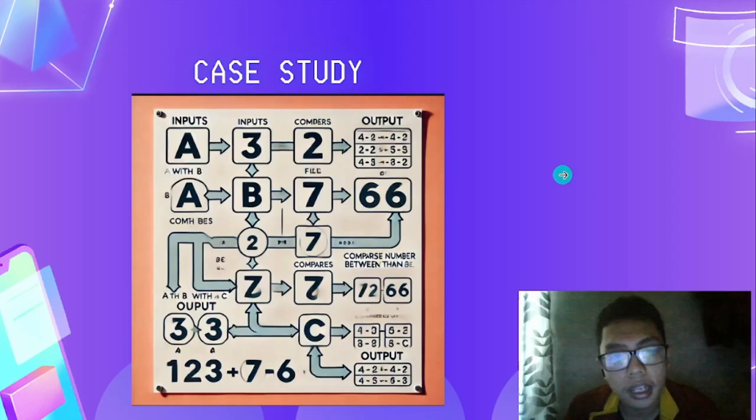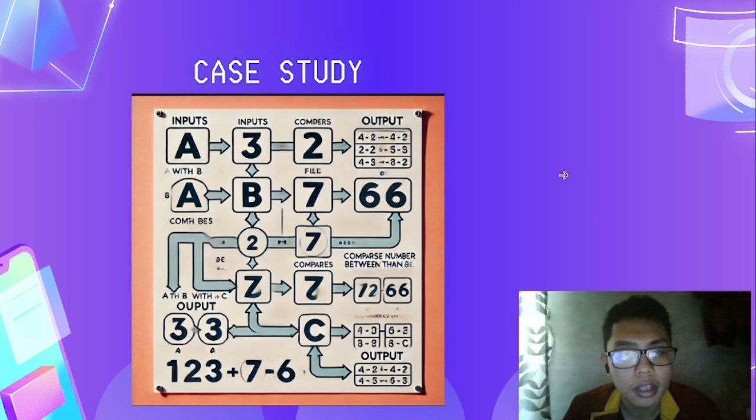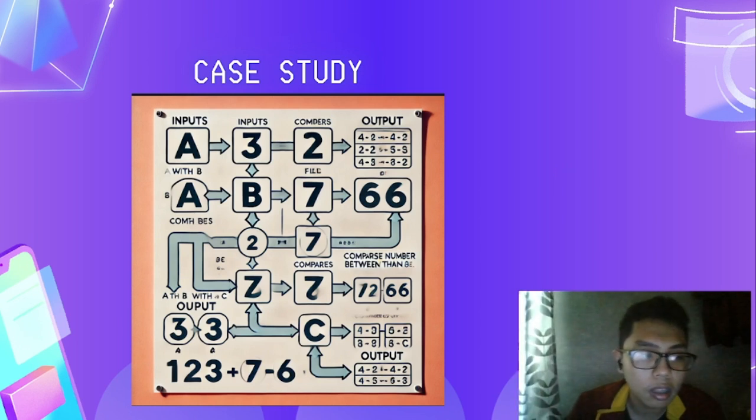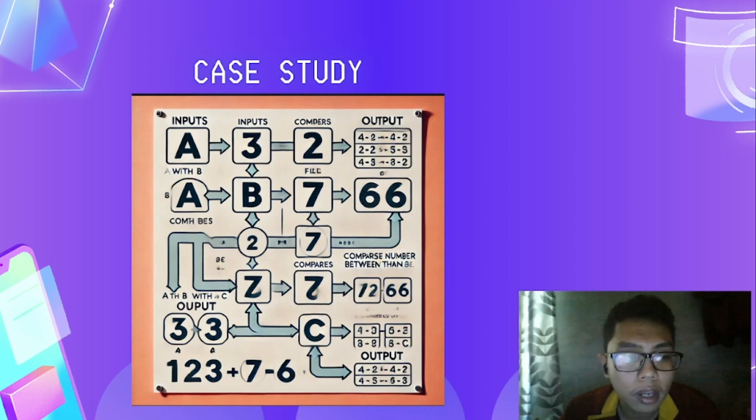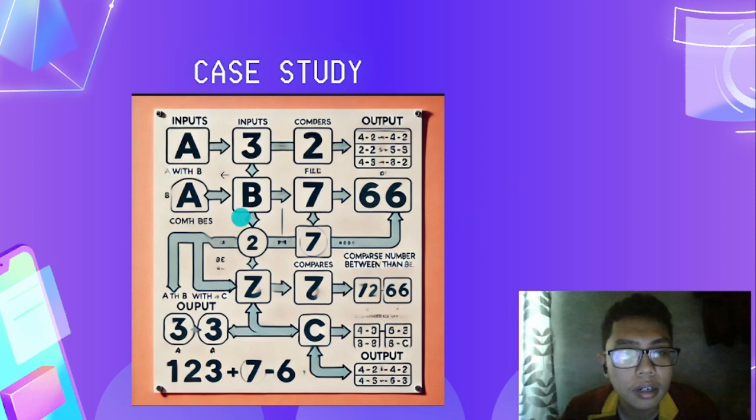Okay, the next is a case study. Now let's take a look at a sample of applying an algorithm in a simple case study. Let's say we want to design an algorithm to find the largest number among three numbers.